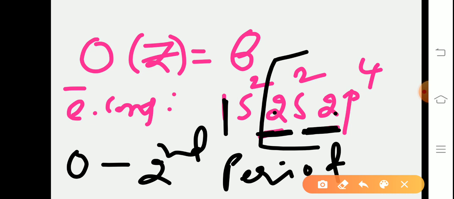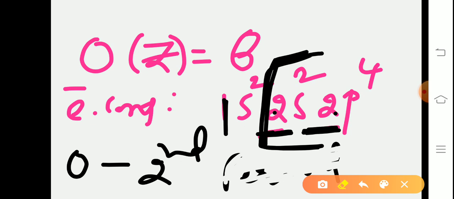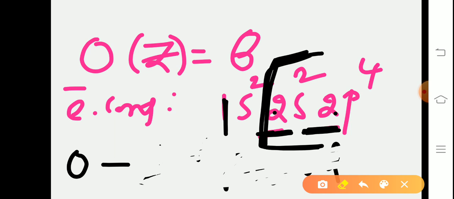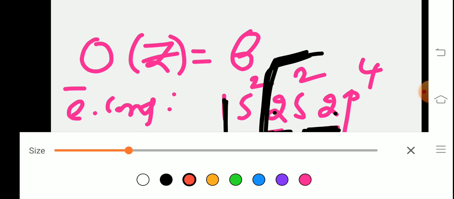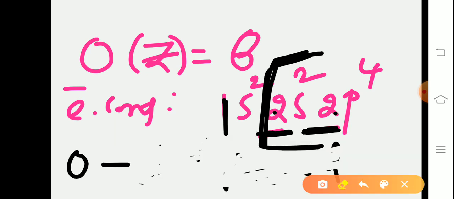Then which group does it belong to? Here the p subshell has been entered, so you should take these two and add. Here in the s subshell how many electrons are there? 2 electrons.